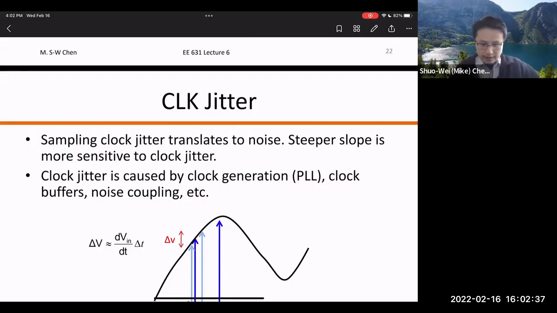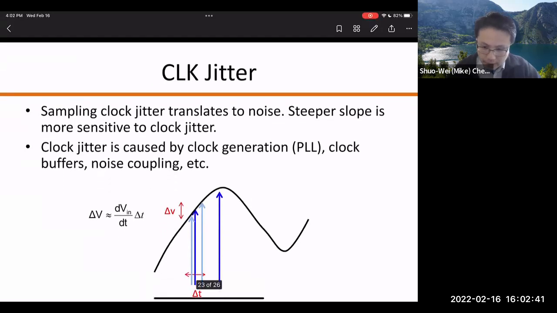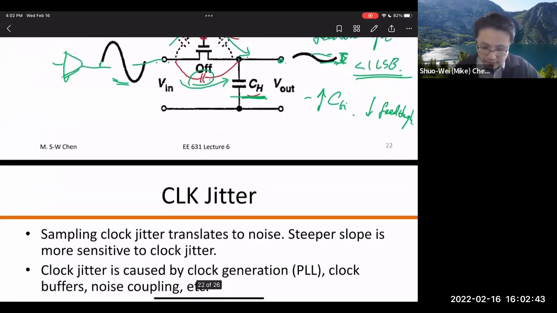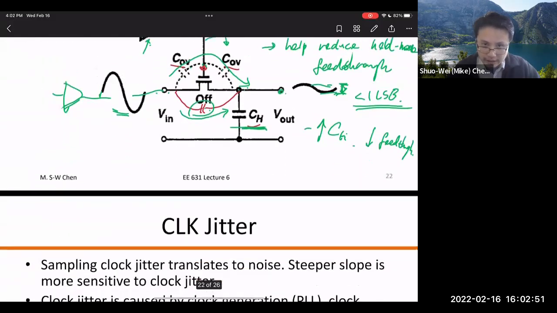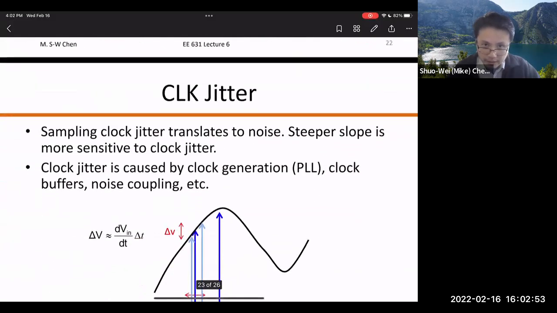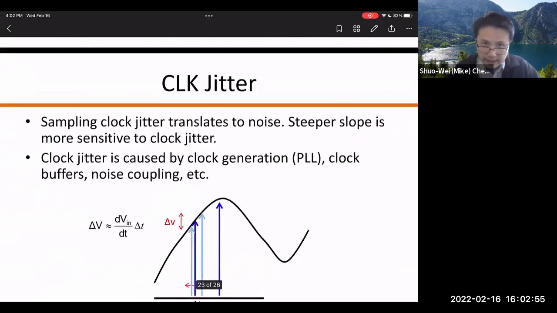All right. If not, let's continue on the sampling circuits. On Monday we went through a few non-idealities related to the sampling circuits, and today we want to take a closer look at the so-called clock jitter.